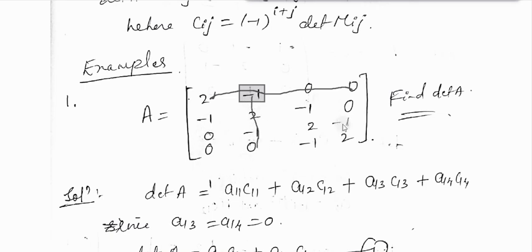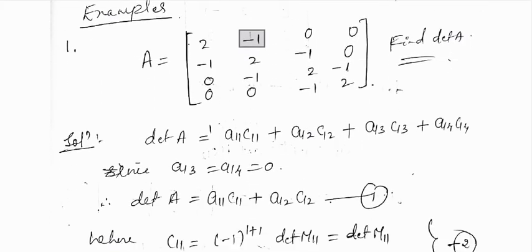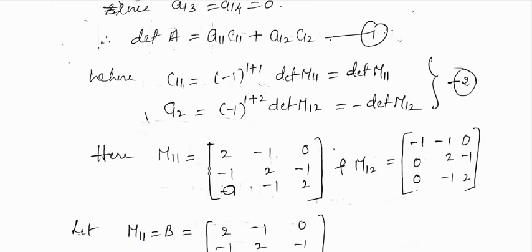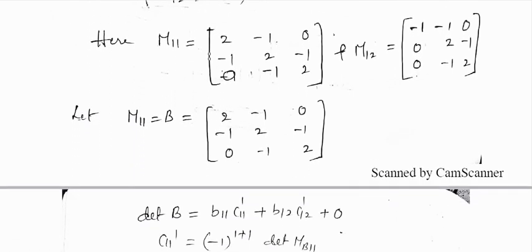The remaining 3 cross 3 elements form the minor M12. Am I right? Now I have M11 and M12. Let us find their determinants. Since each is again a 3 cross 3 matrix.